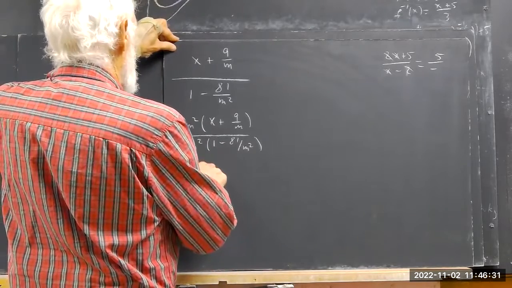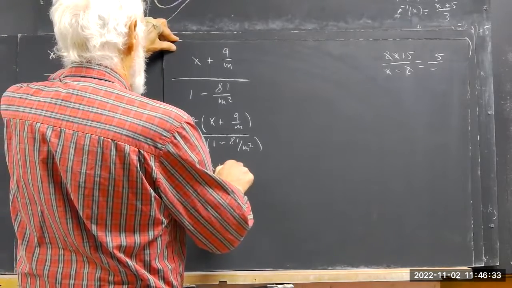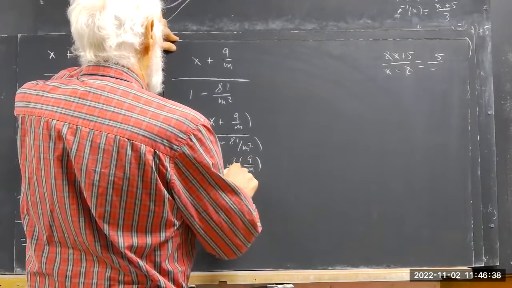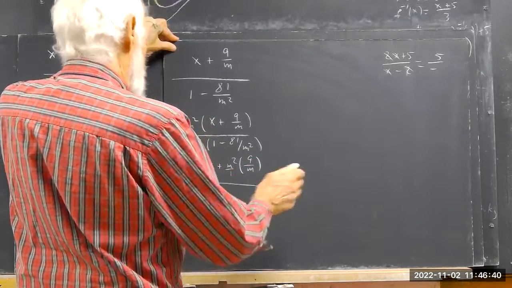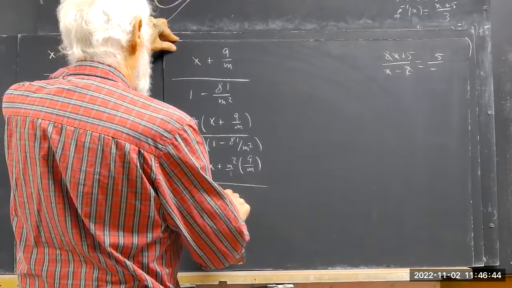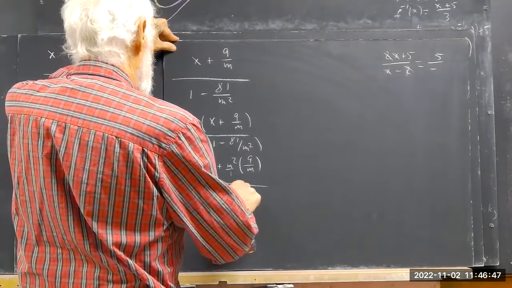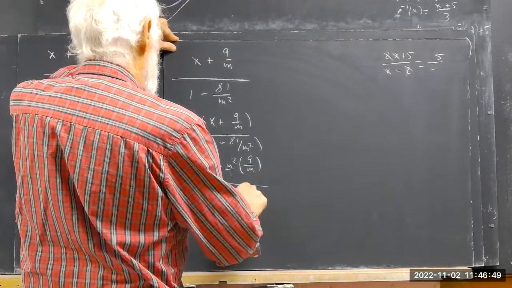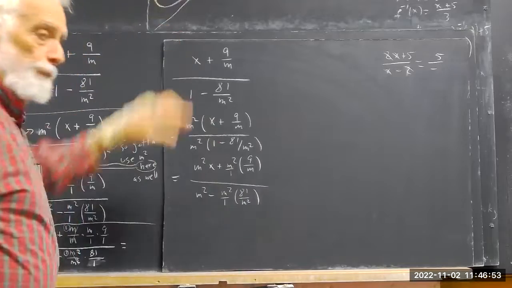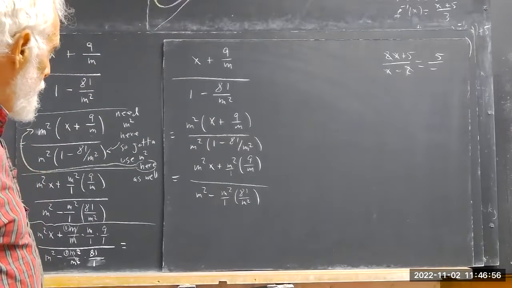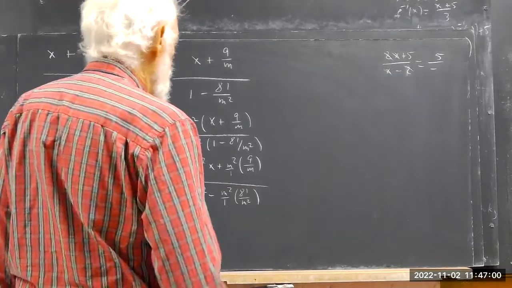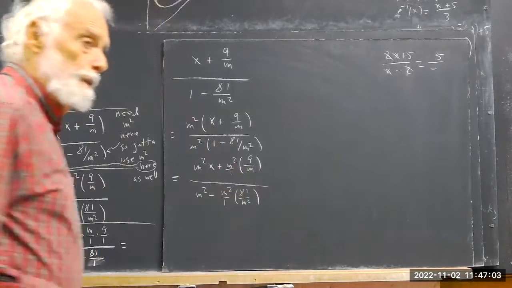Well, I distribute. Maybe put the 1 under the m squared to keep ourselves straight. Well, what's m squared divided by m?